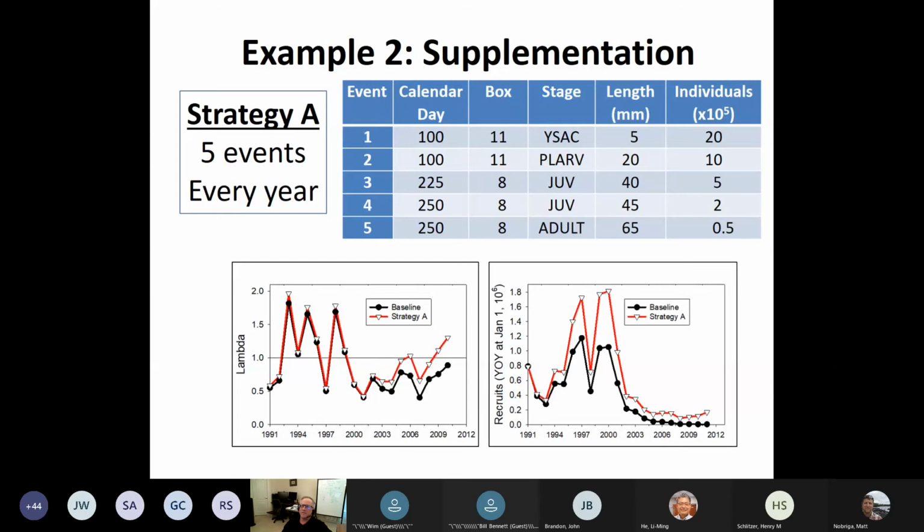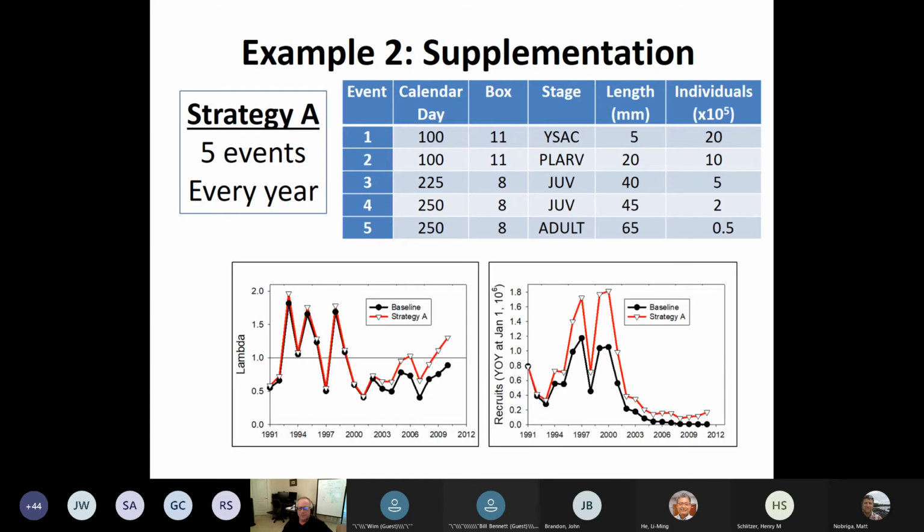Well, it sounds easy. In an individual-based model, all you want to do is add individuals. This was very tricky to do, coding-wise, because of the bookkeeping in the model. We don't actually follow every individual. We follow a sample of them. But here's what the model can do. We do 5 events every year.